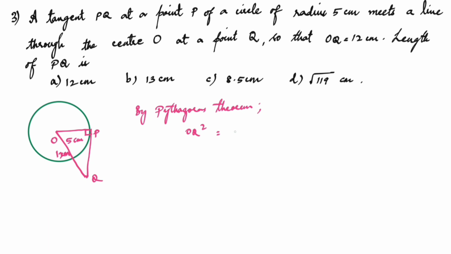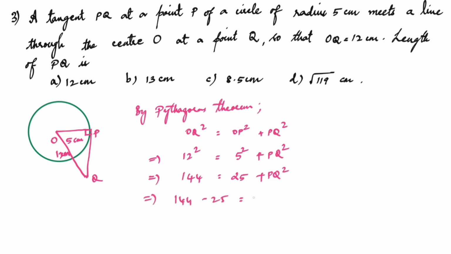OQ square is equal to OP square plus PQ square. Substituting their values, OQ square is 12 square, OP square is 5 square, that is our radius, plus PQ square. We get 144 is equal to 25 plus PQ square. 144 minus 25 is equal to PQ square, which gives us 119 is equal to PQ square.